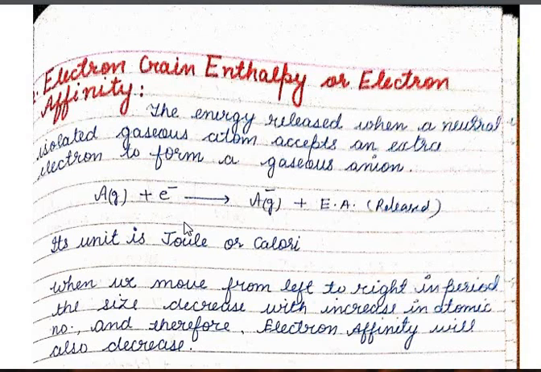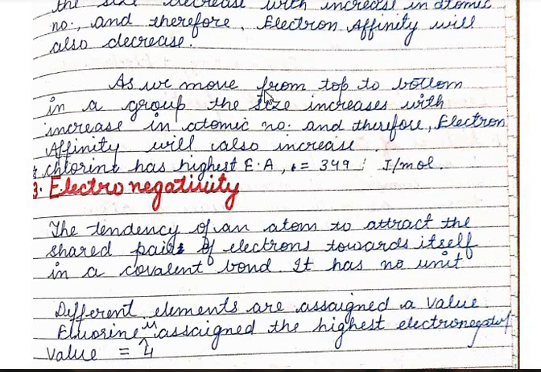As we move from top to bottom in a group, the size increases with increase in atomic number and therefore electron affinity will also increase. Chlorine has the highest electron affinity which is equal to 349 joule per mole.